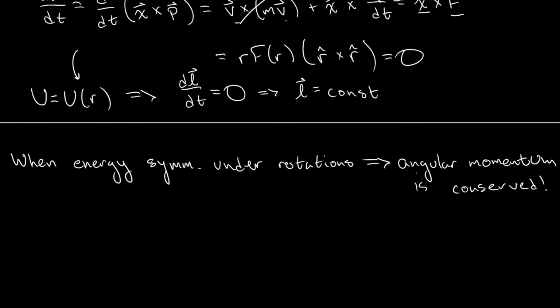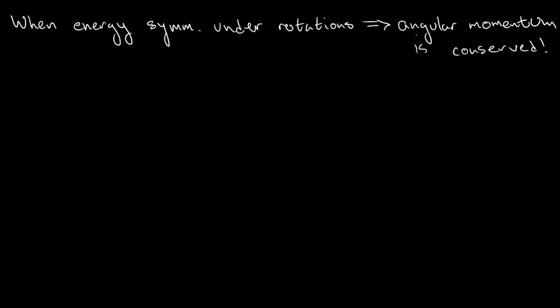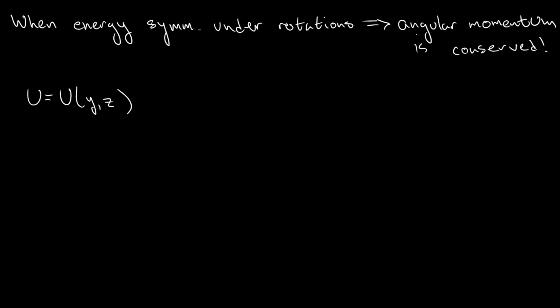Okay, let's look at another example of this, a bit more straightforward, where instead of looking at it in spherical coordinates, let's say that our potential energy is only a function of the y and z coordinates, so it doesn't depend on x. Well, in this case, when I take my vector derivative of u, I only get something in the y and z directions, right?